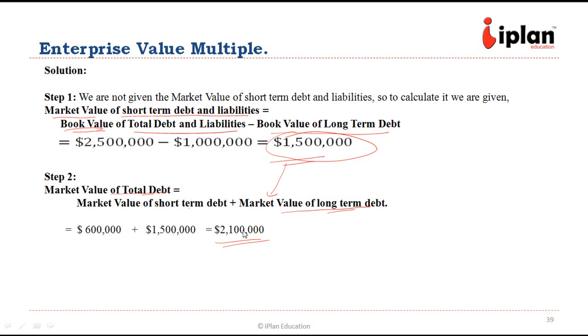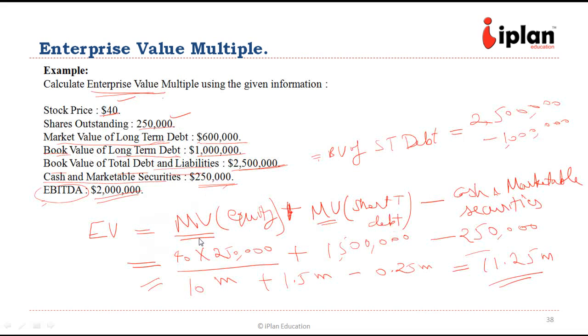So this market value of long-term debt also has to be added, which we have not added yet. So equity, market value of short-term and market value of long-term debt, that also has to be added. So in total it is going to be plus 0.6 million. So that also is added in. So it will be 11.85 million. That is going to be the total enterprise value.